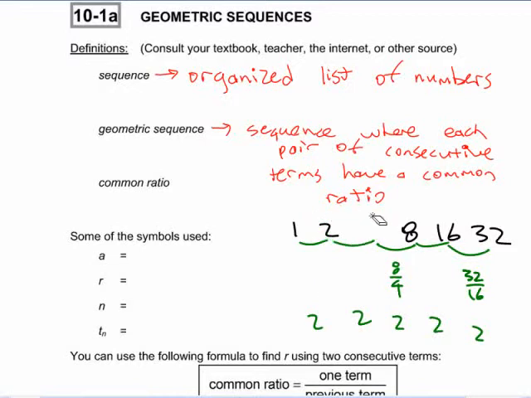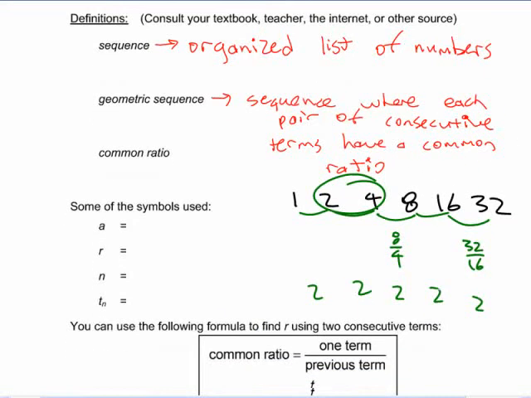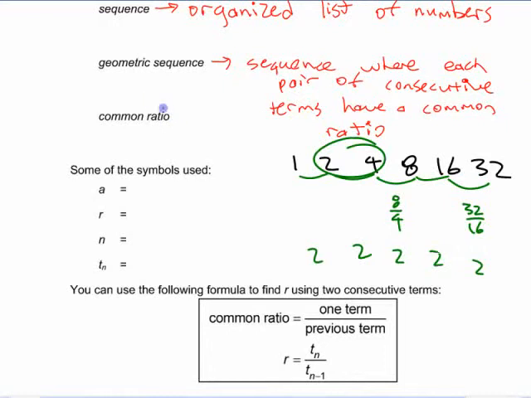That's what makes it a geometric sequence. Common ratio is exactly what I just said there. If you divide any two terms, you get a common ratio, if it's geometric.